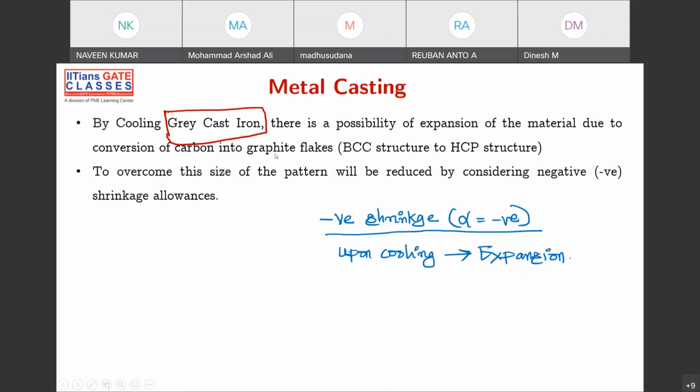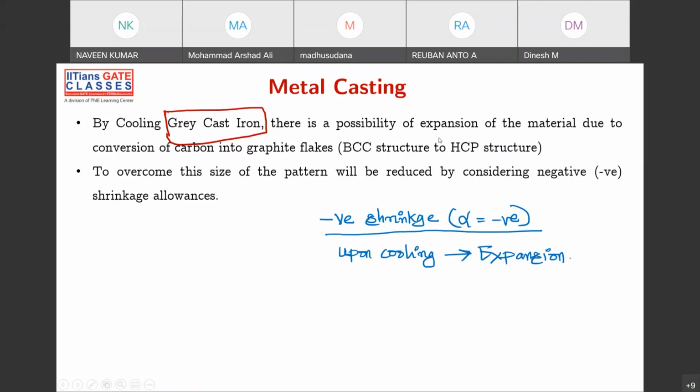So what is happening upon cooling? Internally something is happening: your body-centered cubic structure is changing to hexagonal close packing. Don't worry if you don't know what BCC and HCP are, we'll discuss that in the material science portion. So BCC to HCP.